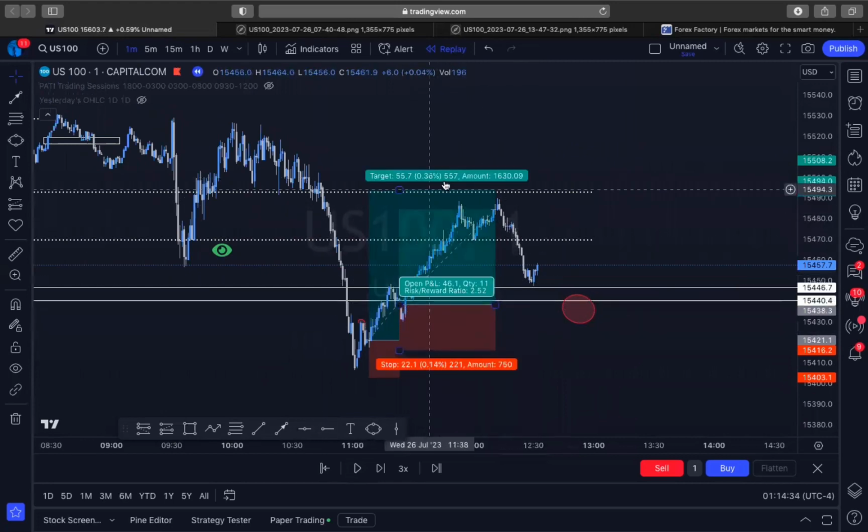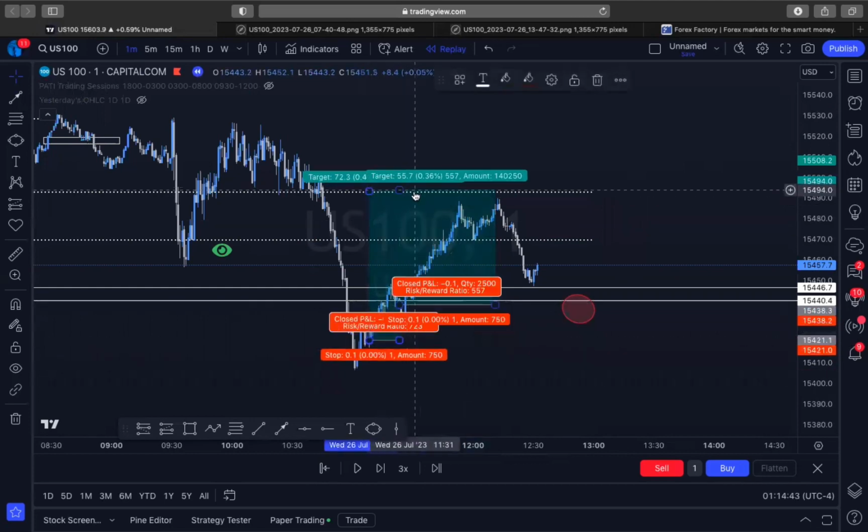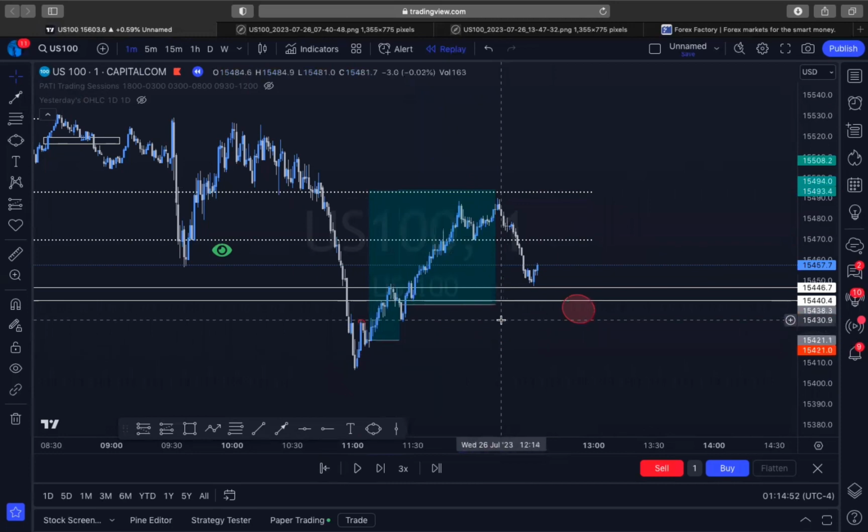It did come back down again, because the stop losses on these positions are already at break even. So these are risk-free trades, after I took off more than 80% of my position here. So there's only about a 20% run still going there. So I was waiting for another position here.